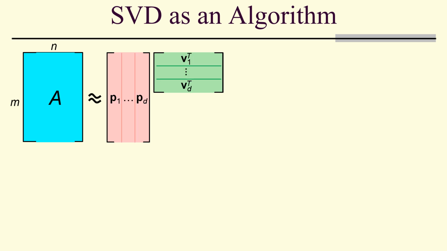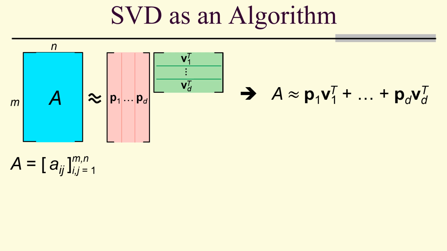But we can take the first matrix and write it as a list of columns, and the second matrix is a stack of rows. When we do the calculation, we see that A is now approximately equal to this sum of outer products, P1 V1 transpose up to PD VD transpose.